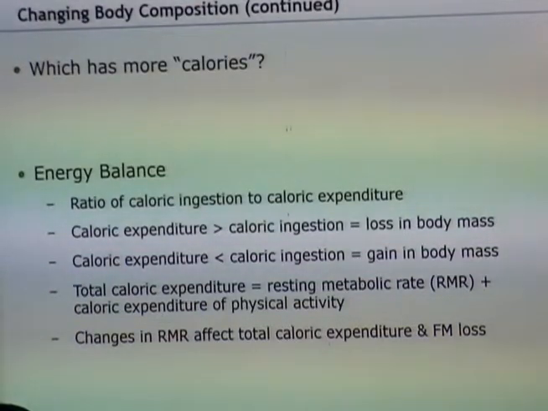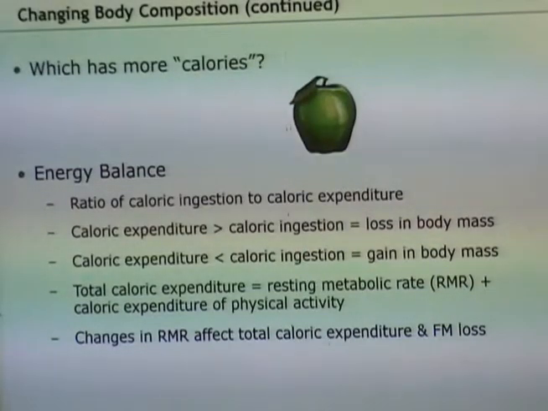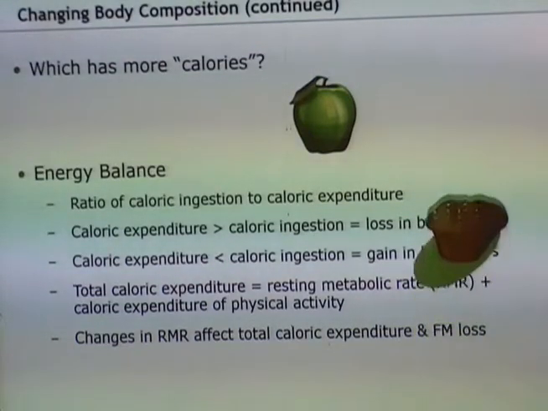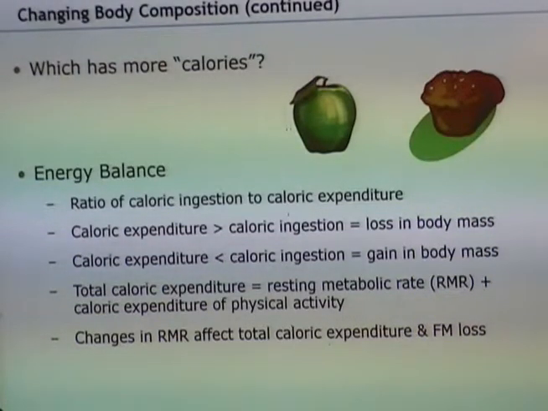So which one has the most calories? Okay. Nice big juicy apple. Fat-free banana muffin or low fat banana muffin. Which has more calories, the nice big juicy apple or the low fat banana muffin?